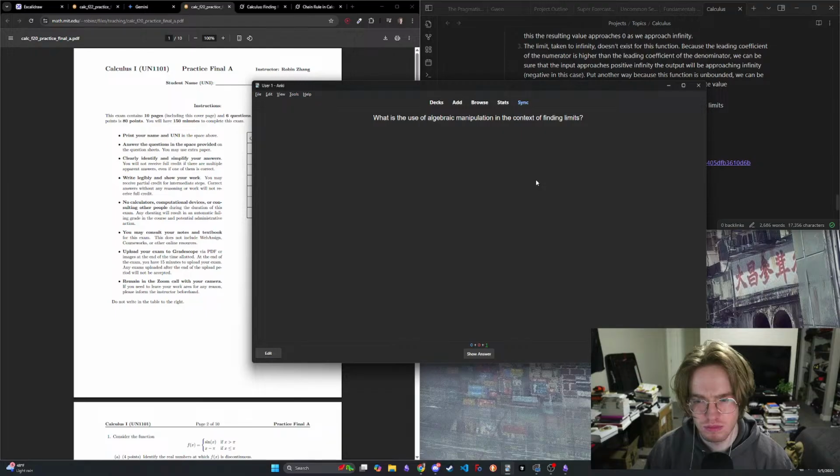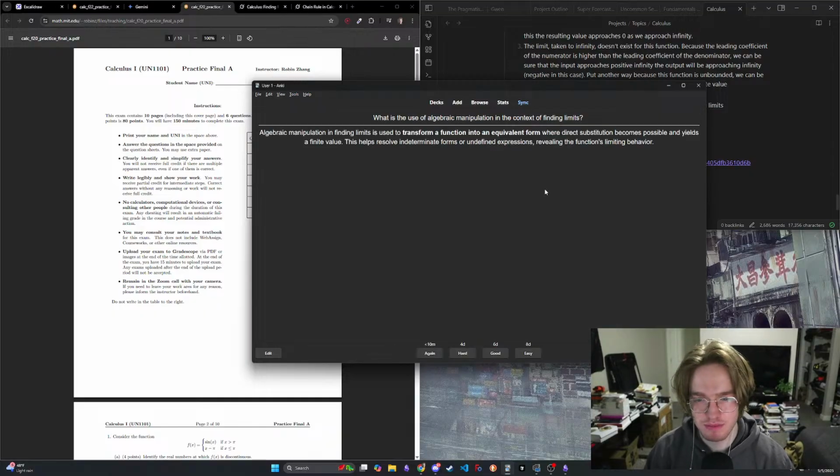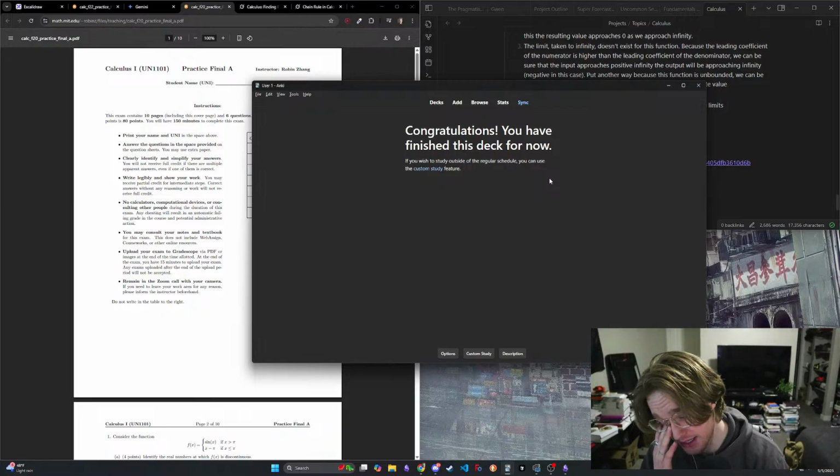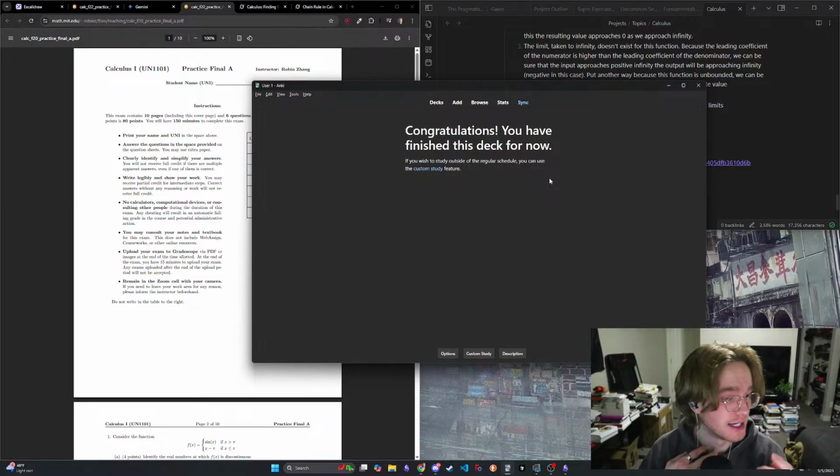When finding a limit, we can often use algebraic manipulation to get away from it being 0 over 0 or infinity over infinity, to where we can find and evaluate the limit. Okay, perfect. I didn't quite get that as much as I would have liked.